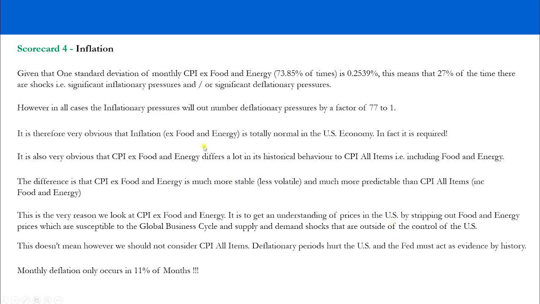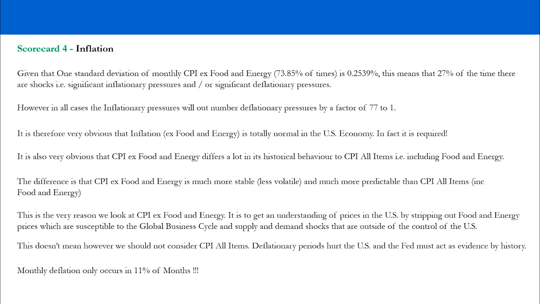So these are including significant inflationary pressures and or significant deflationary pressures. However, in all cases, the inflationary pressures are going to outnumber deflation by a factor of 77 to 1, which is a huge skewness towards the upside, towards positive data.